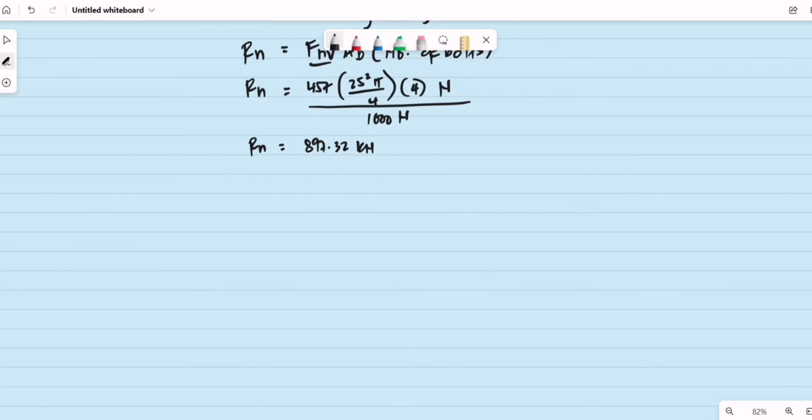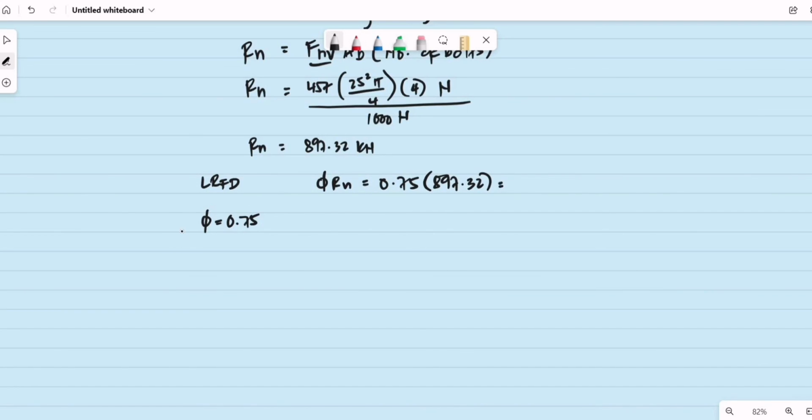So for the LRFD, again, we have a reduction factor that is equal to 0.75. So we have the φRn is equal to 0.75 of 897.32 kilonewtons.